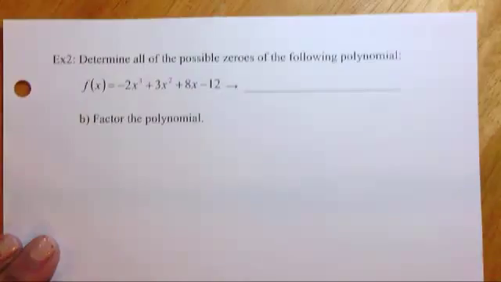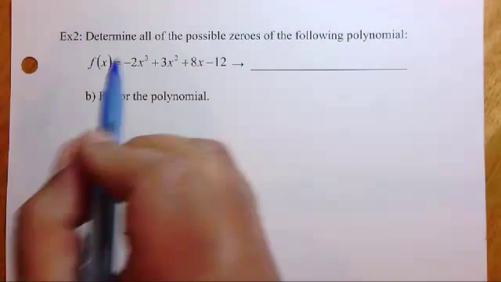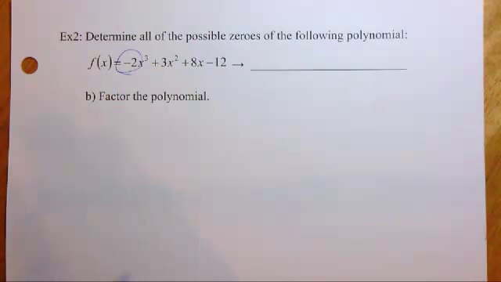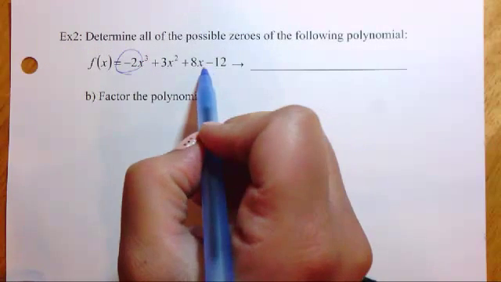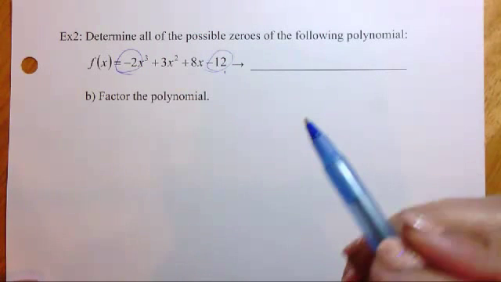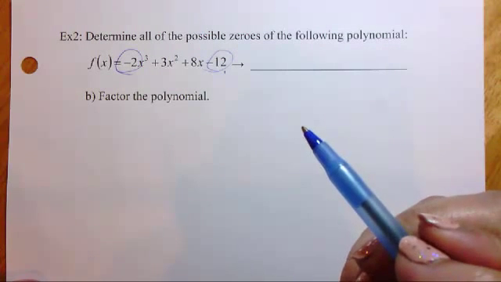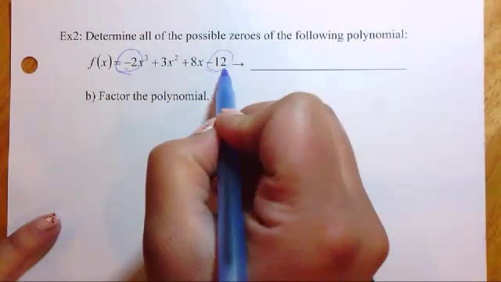All right. So this next example is pretty much the same except for one difference. If we look here, the coefficient in front of the leading term is not 1. It's something other than that. It's actually a minus 2. So what we do in this case is we take this minus 12 and use the factors of the minus 12, and then we take the negative 2 and divide each of these factors by negative 2.